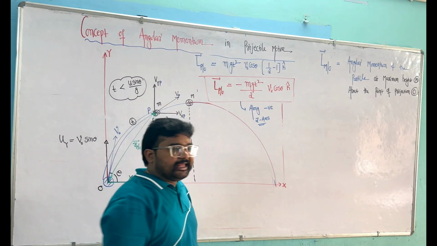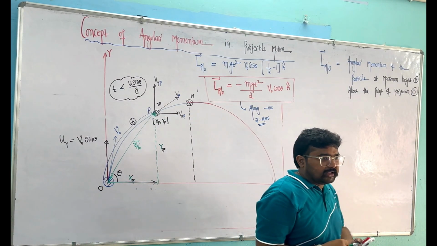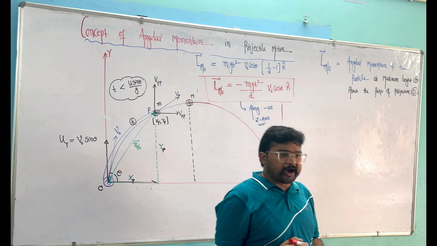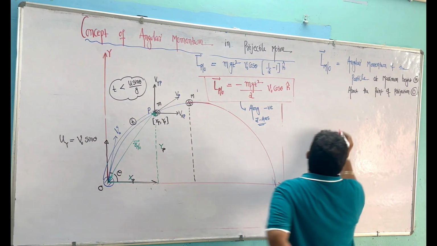Do you understand? So in this, how to get the angular momentum at maximum height about point O? Tell me, T becomes how much?